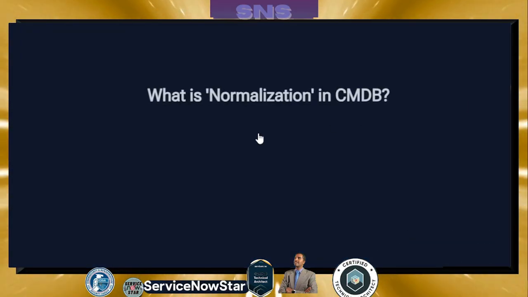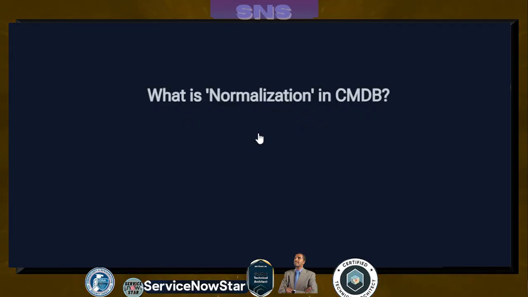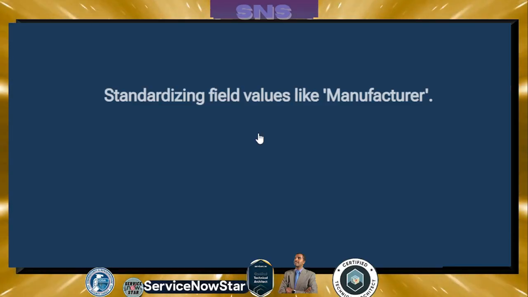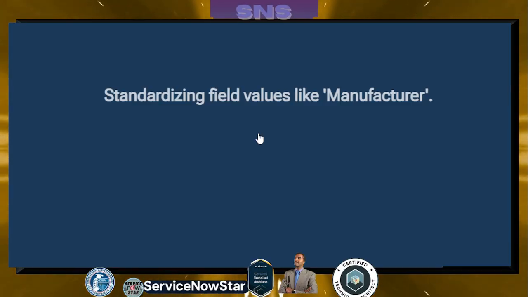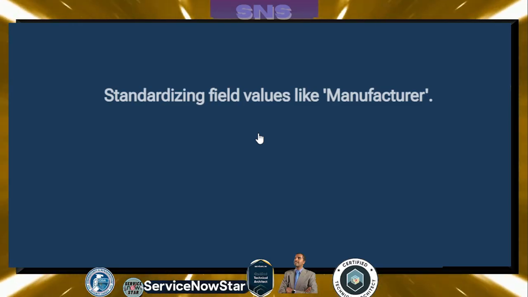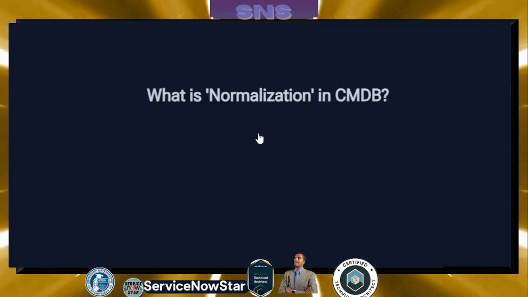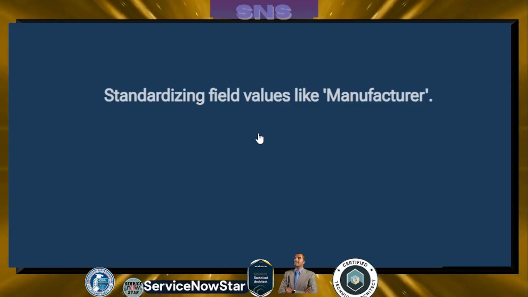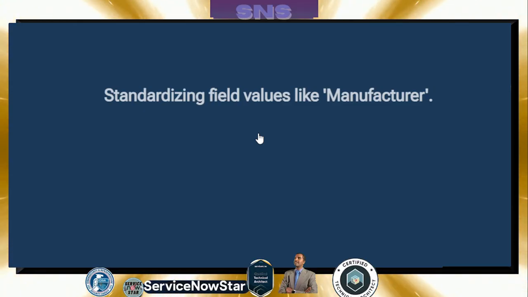Last but not least, what is normalization in CMDB? We all know about vertical discovery and horizontal discovery, and now it's time to understand normalization. It's standardizing a field value, for manufacturer for example.